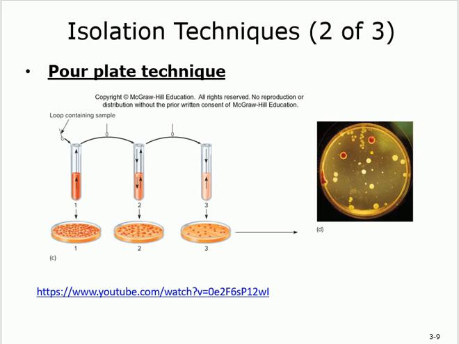You're pouring it into different spots like this. So it is spreading already without needing to streak. You just pour it. Just mix it like this, and then you start to study it. So this is the pour plate. You pour it into different spots.